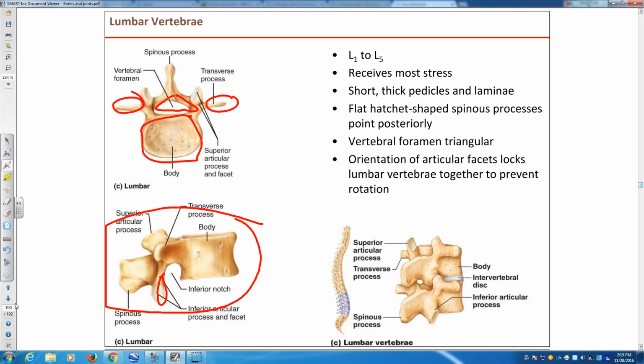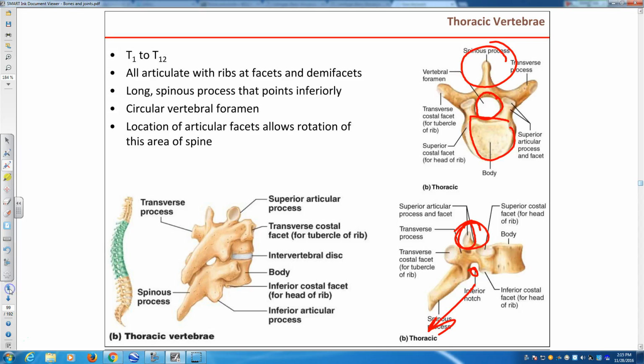So the big body, obviously, allows it to maintain all that weight. But there's an interesting difference between the lumbar and thoracic vertebrae. The vertebral column in the thoracic region can rotate. Well, not in this one, because it's all screwed to each other, but it can rotate.